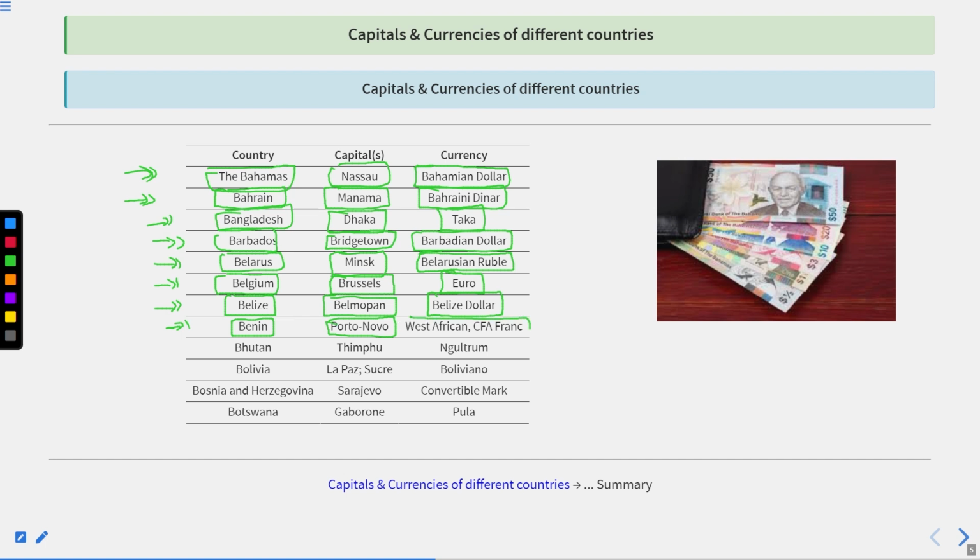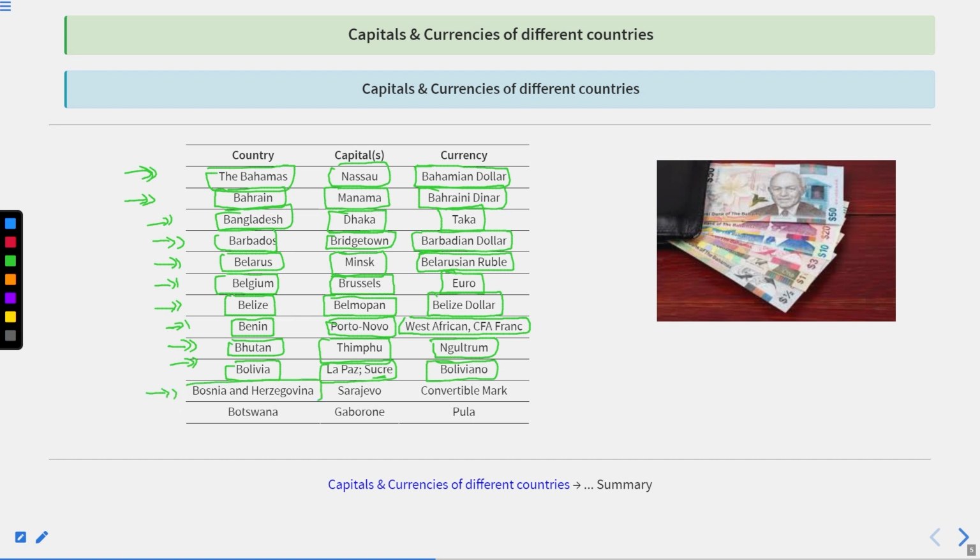Currency is West African CFA franc. Bhutan is a country. Capital is Thimphu. Currency is Ngultrum. Bolivia is a country. Capital is La Paz, also known as Sucre. Currency is Boliviano.